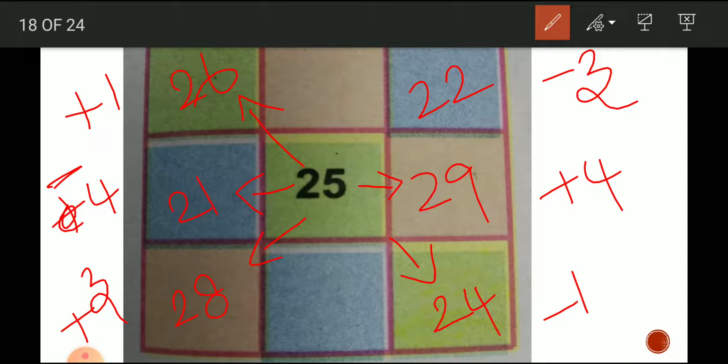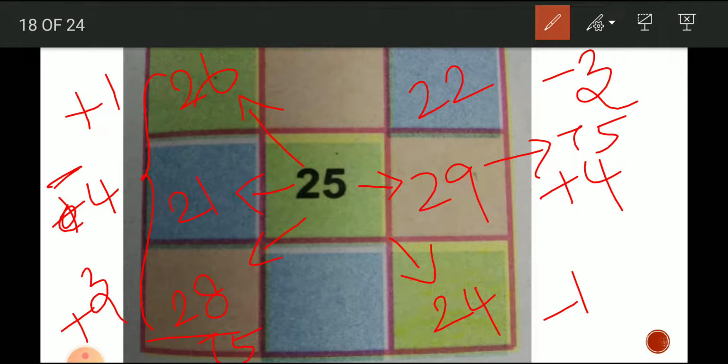Now we just add these 3 numbers, 26, 21 and 28. We can get 75. See the second row, we will get 21, 25, 29, we will get 75.